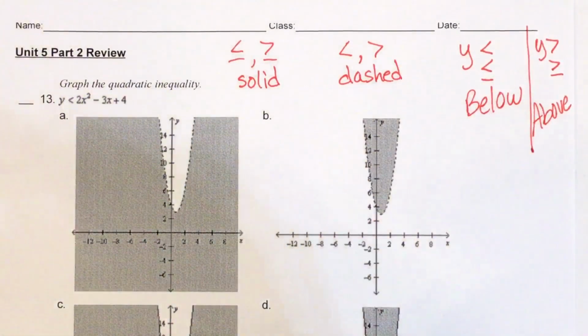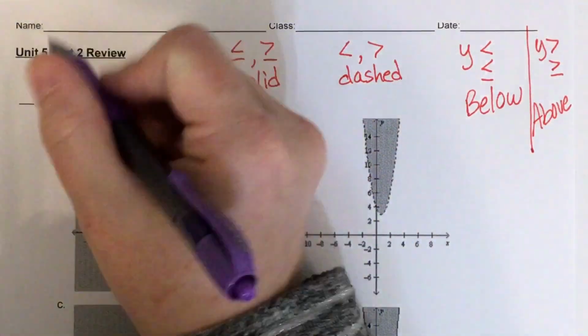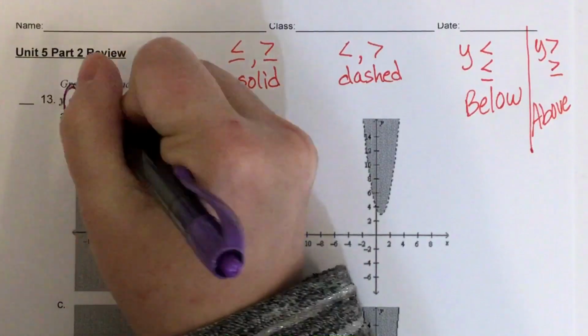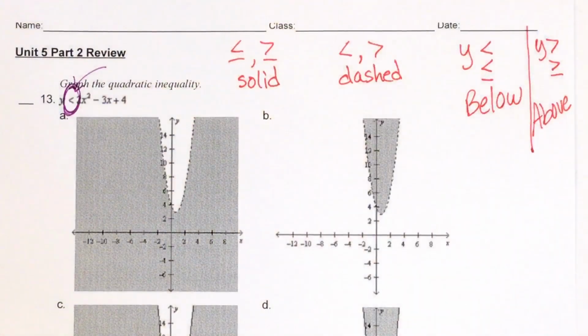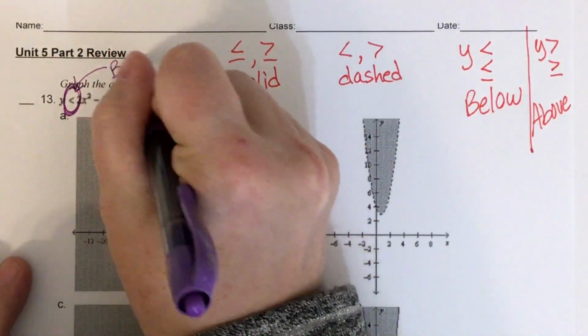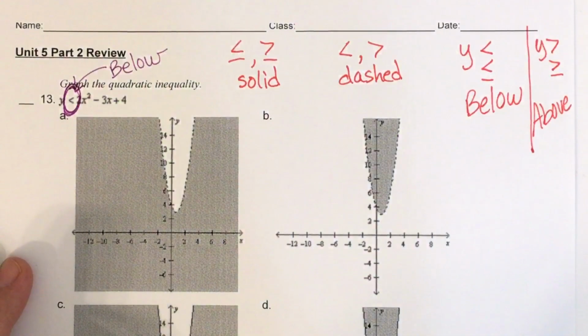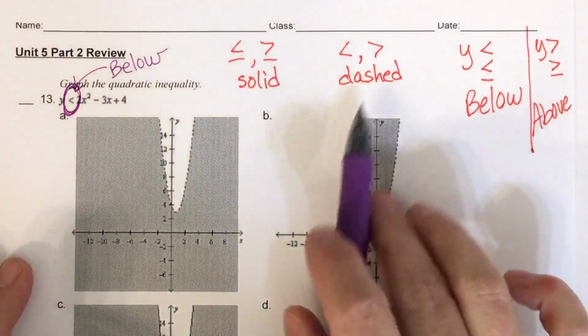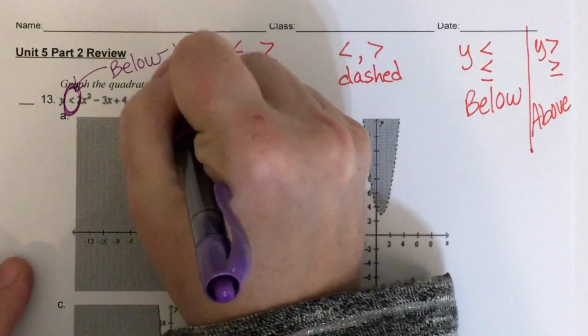Okay, so let's look over here at our symbol. Is the shading above or below? Y less than, the shading's below. Is the graph solid or dashed? Dashed. If there's no equal sign, it's dashed. So it's below and it's dashed.